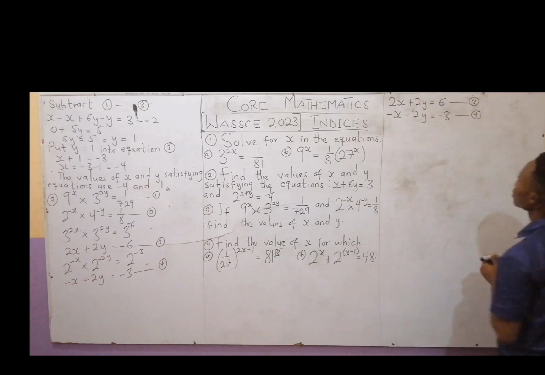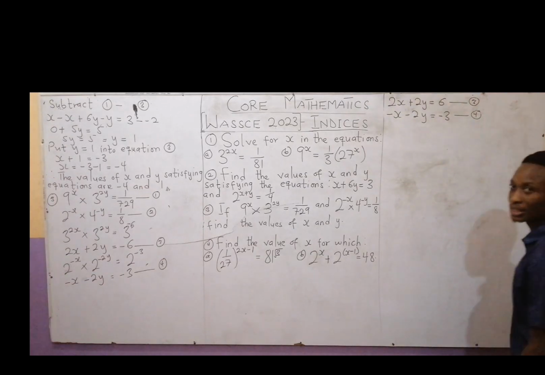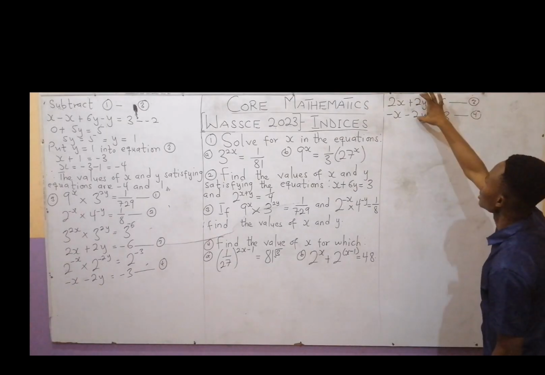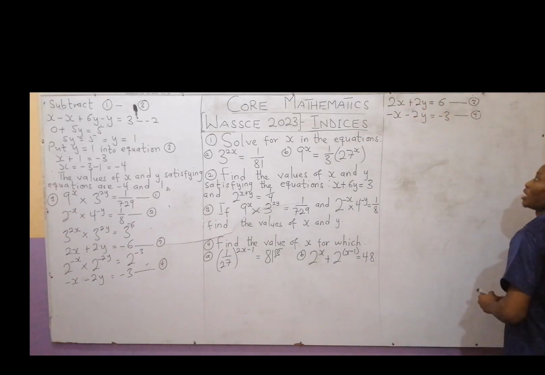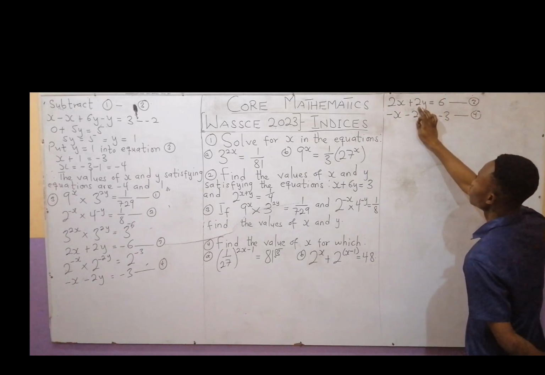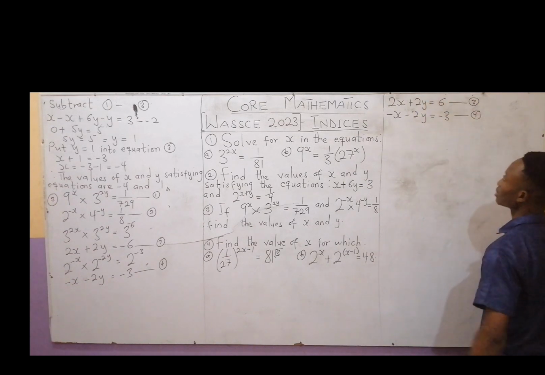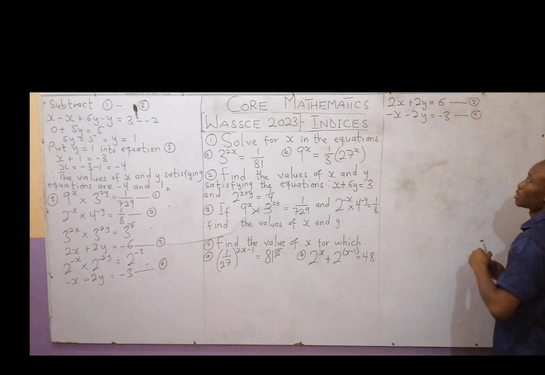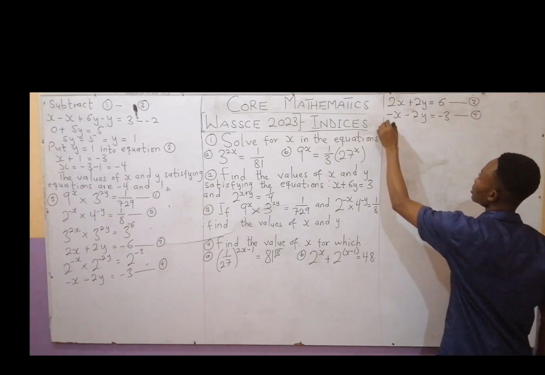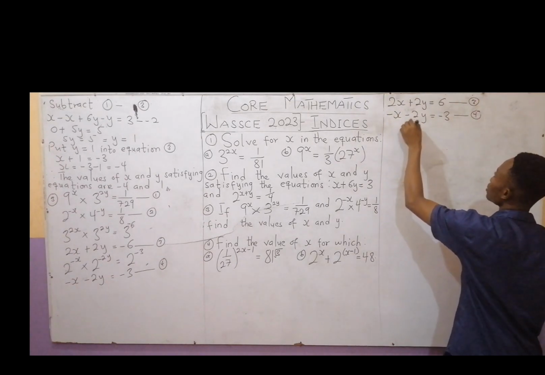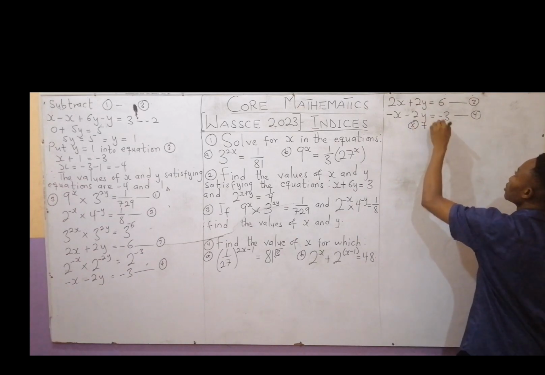Which letter will make elimination easier and simpler? We can eliminate y since the coefficients are the same. How do we eliminate? Since this is positive 2 and this is negative 2, we add. Yes, addition. So that is equation 3 plus equation 4.